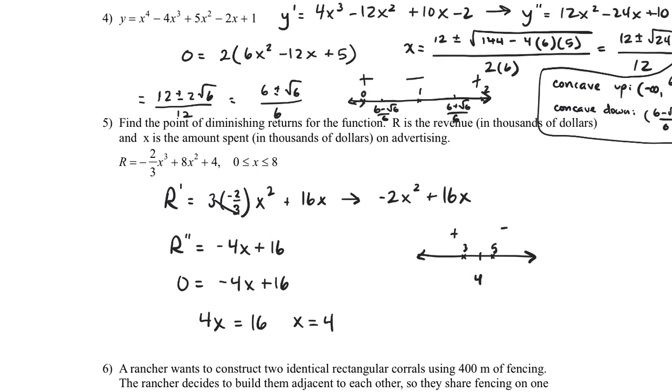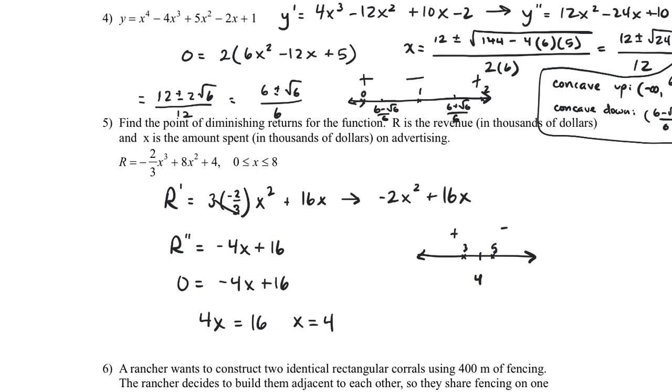Now if we want to read this in a literal sense, a point of diminishing returns is a point on a graph. But in the context of this problem where R represents revenue and x is the amount spent on advertising, the point of diminishing returns here means the point at which the amount spent starts to bring you decreasing returns.